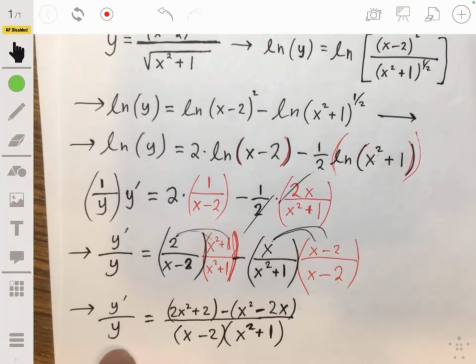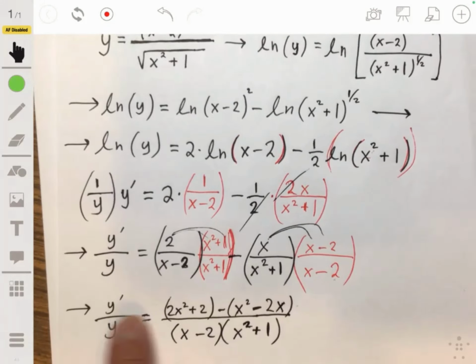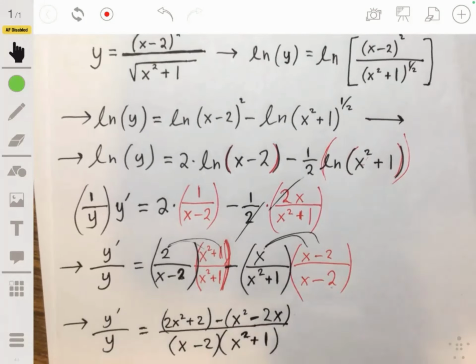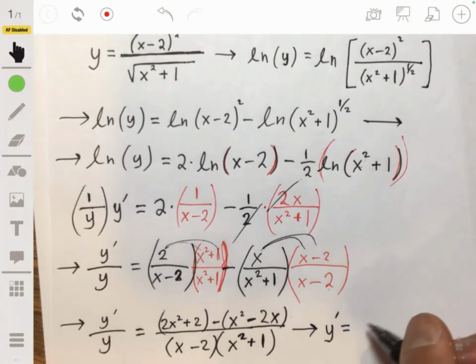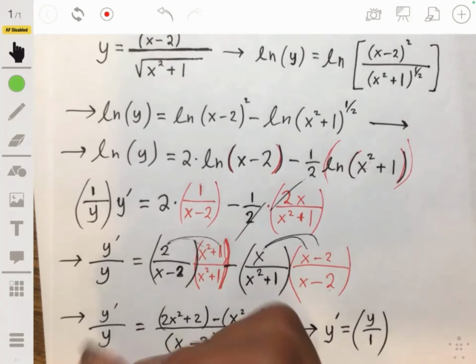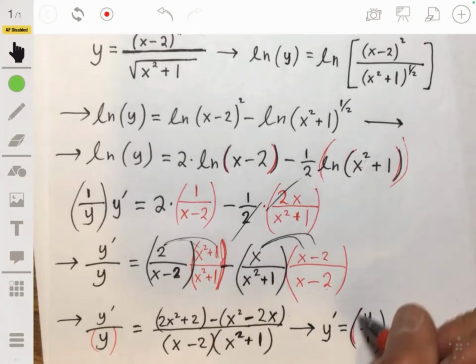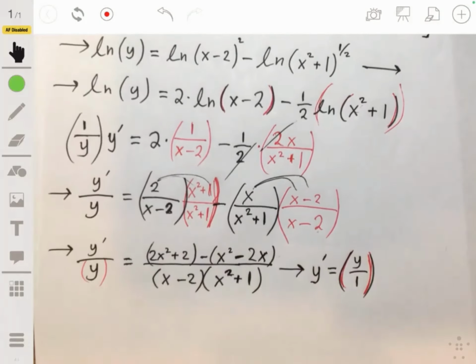Next, we're gonna simplify the top. Let's multiply both sides by the y in the denominator there. So we'll have y prime be equal to y over 1, because we're sending this to the right side because we only want y prime by itself on the left.